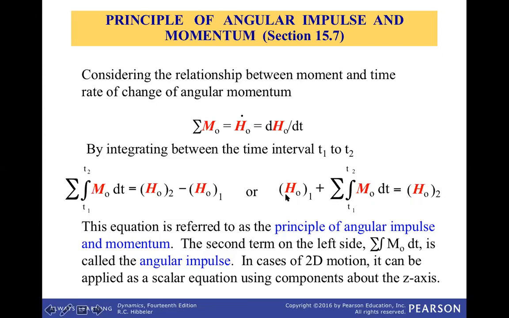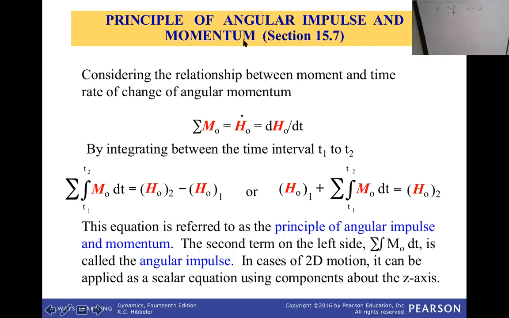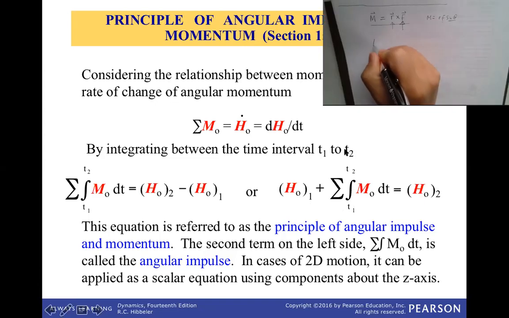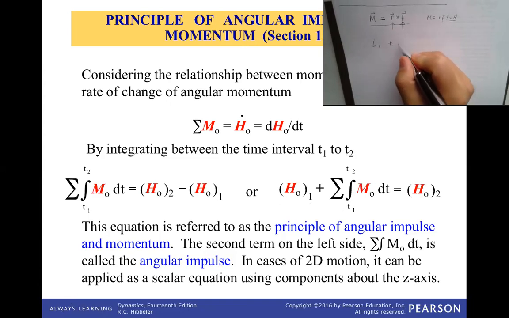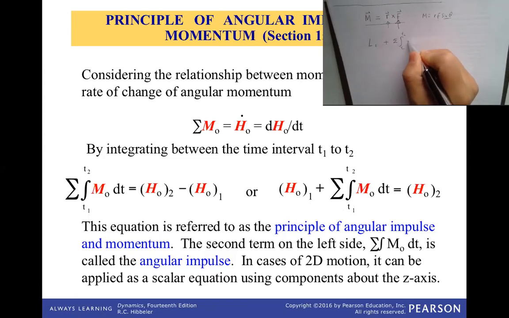This equation looks very like the one we had earlier. This is what we had earlier for linear momentum: L1, the initial linear momentum, plus the summation from T1 to T2 of the external forces dt, goes to L2.